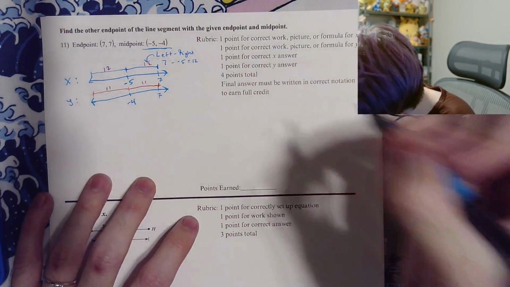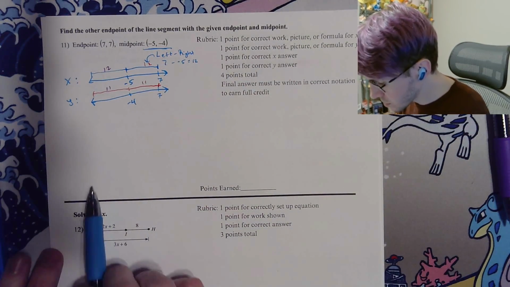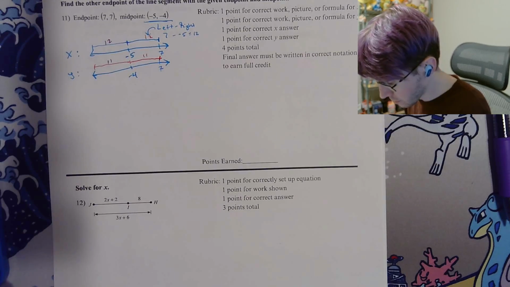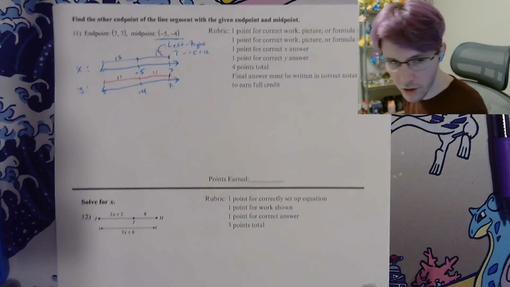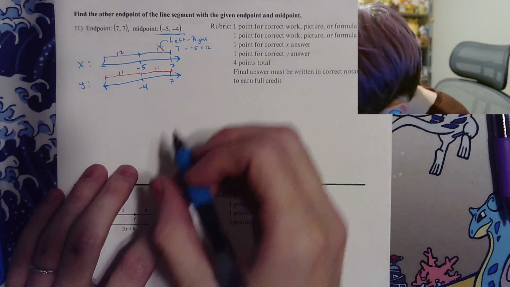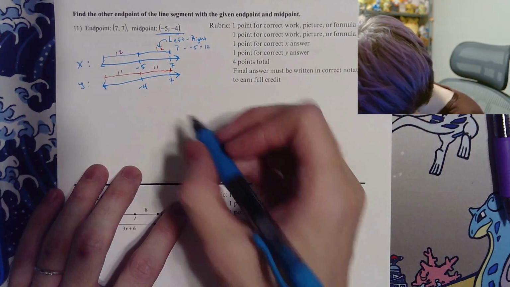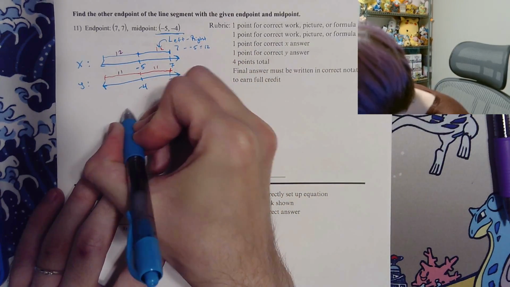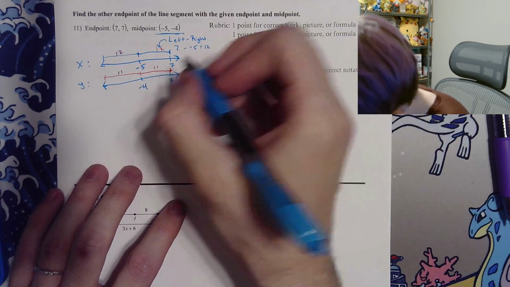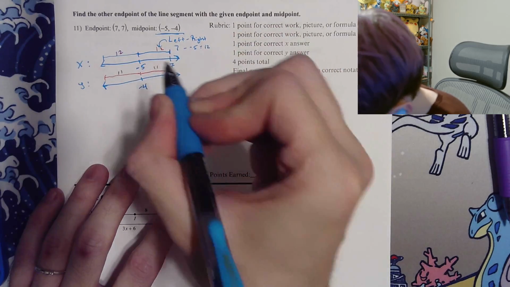Our final answer, our last value here, really should have had spaces for your final answer. I apologize for not having them there. That is my fault. We're subtracting because we're going left.